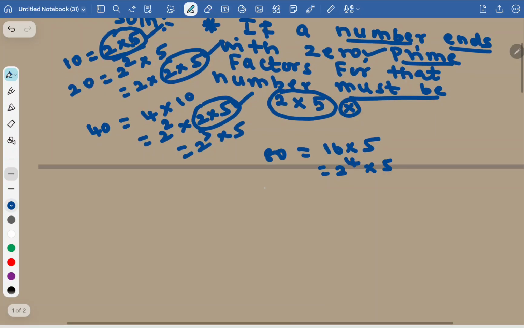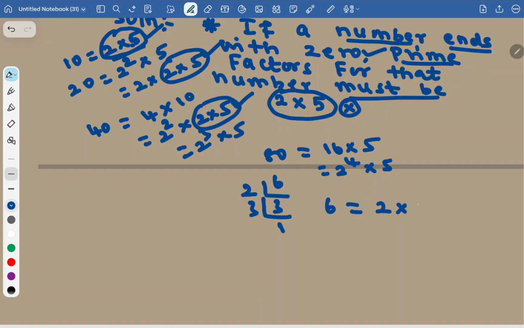Now I am going to find the prime factors of 6. 6 can be expressed as 2 into 3, but here it is given as 6 power n, that is (2 into 3) power n.